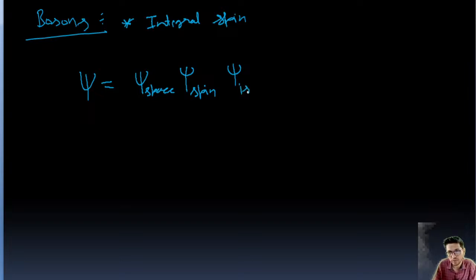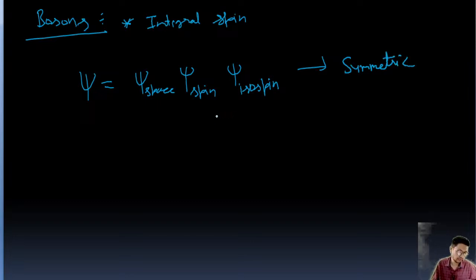And the wave function of a boson is psi equals psi space, psi spin, and psi isospin. For fermions this is antisymmetric, and for bosons the wave function is symmetric.